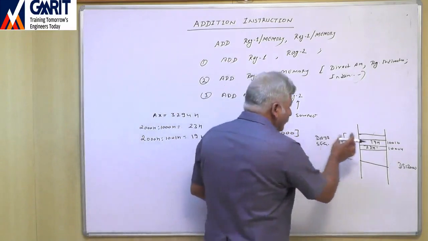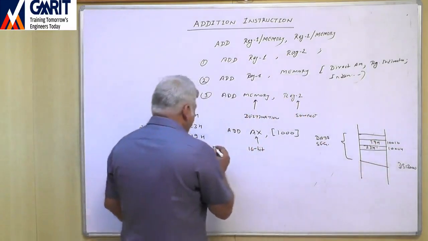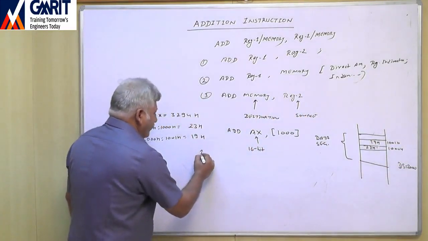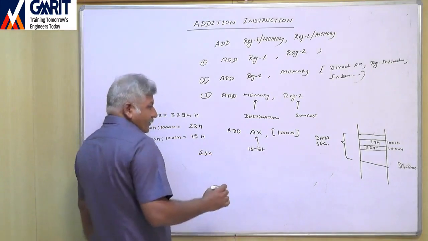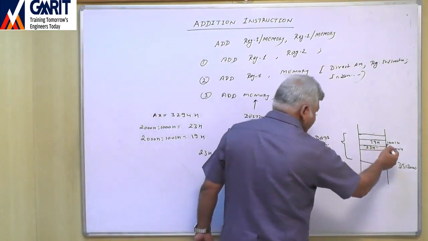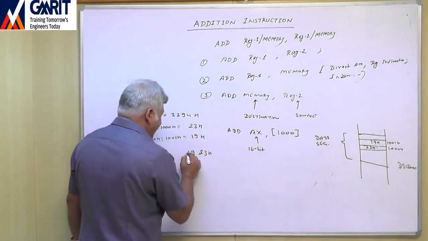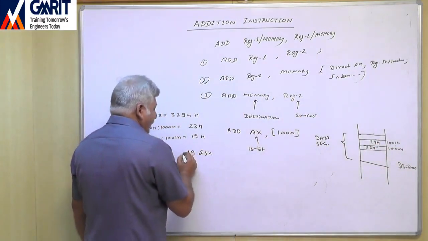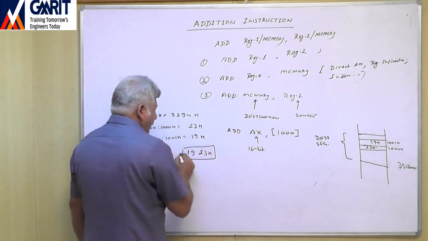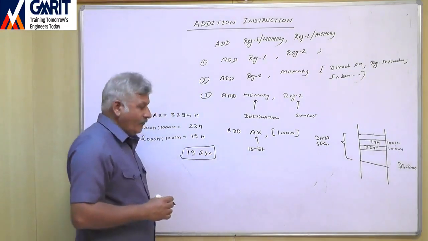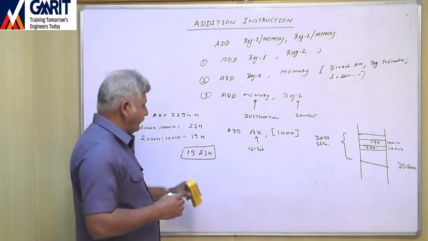So at 1000 offset we are having 23H, and at the higher offset, 1001, we are having 19H. So this is our data, 1923H. This is a 16-bit number.